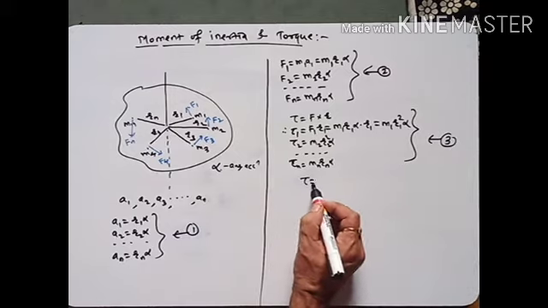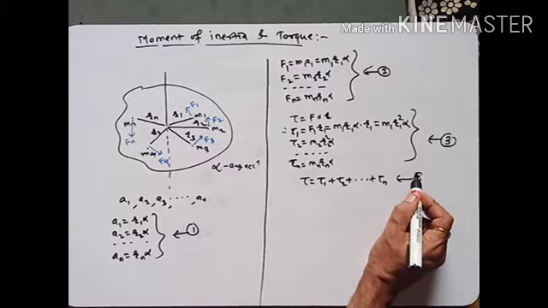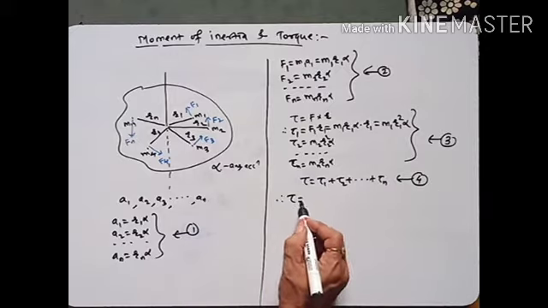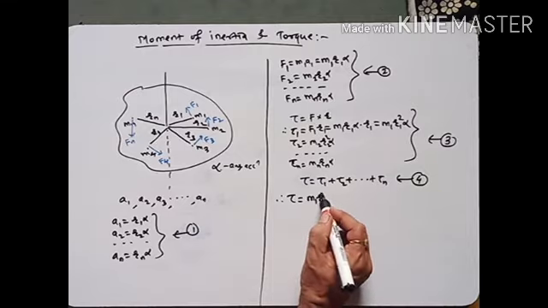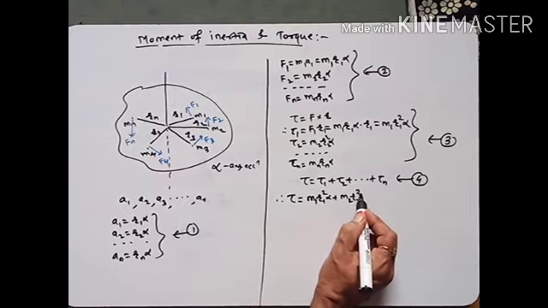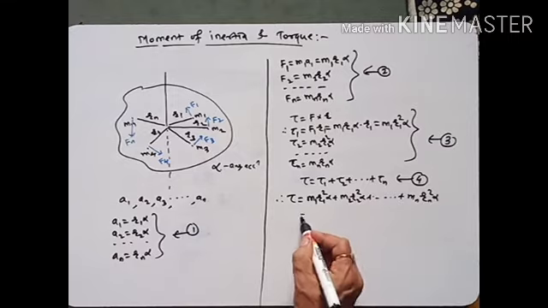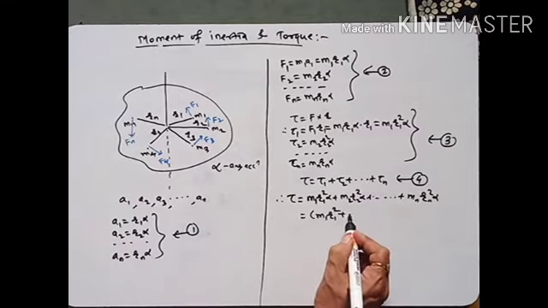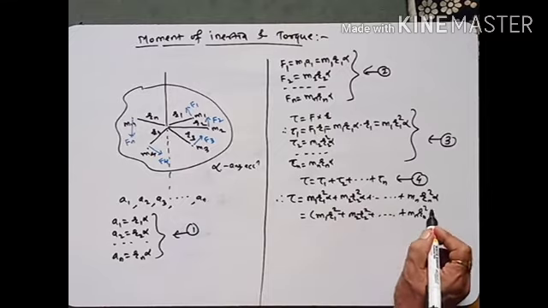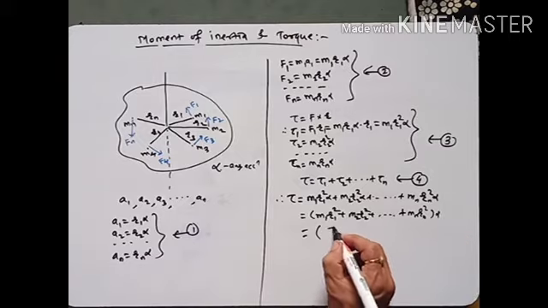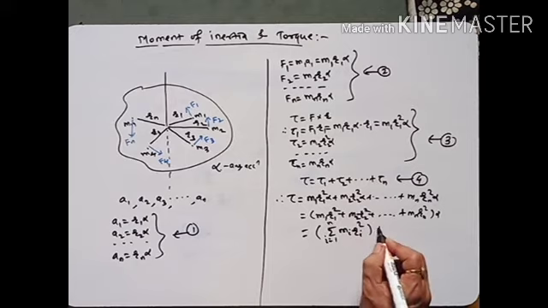And total torque tau is equal to tau 1 plus tau 2 plus up to tau n. Suppose equation number 4. And therefore torque is equal to, I will put all the values from equation 3 in equation 4. Torque is equal to m1 r1 square alpha plus m2 r2 square alpha plus mn rn square alpha, equal to m1 r1 square plus m2 r2 square plus mn rn square, times alpha, which is equal to summation mi ri square, i equal to 1 to n, into alpha.